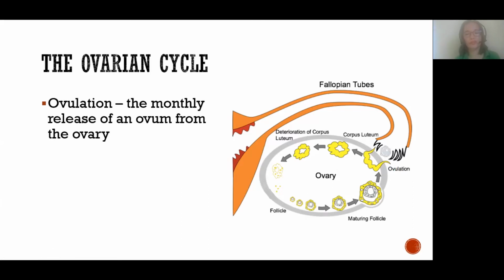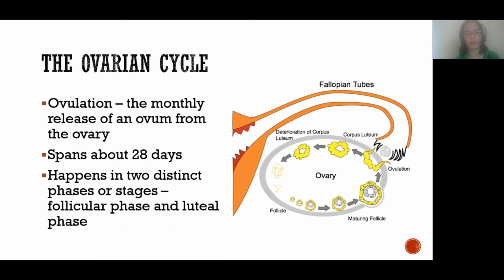And take note that ovulation happens on the 14th day of a 28-day reproduction cycle. Okay, so this happens in 28 days and it's divided into two parts: the follicular phase and the luteal phase.